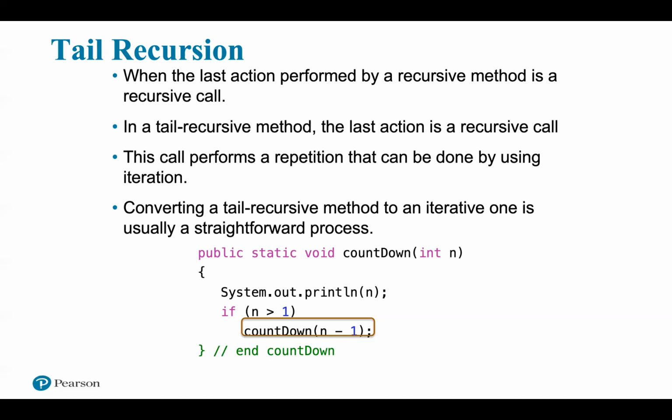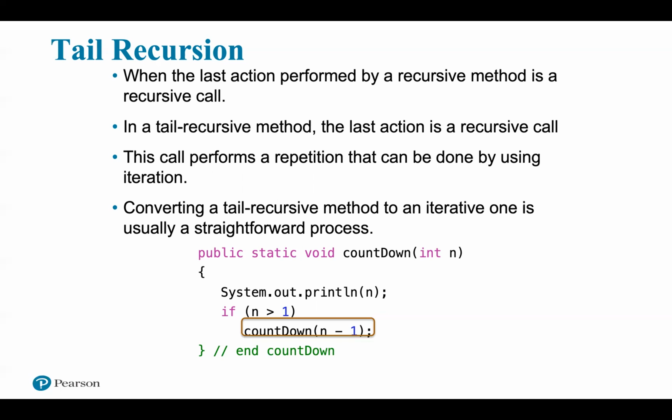For example, let's see how to convert the recursive method countdown just given. First, we replace the if statement with a while statement. Then, instead of the recursive call, we assign its argument, integer - 1, to the method's parameter integer. Doing so gives us the iterative version of the method that we're showing at the bottom of the chart.